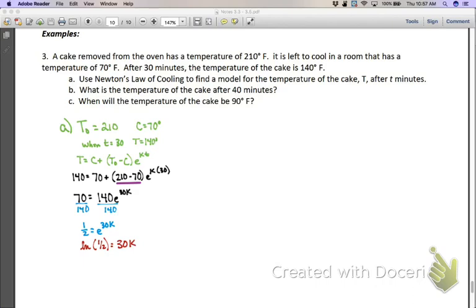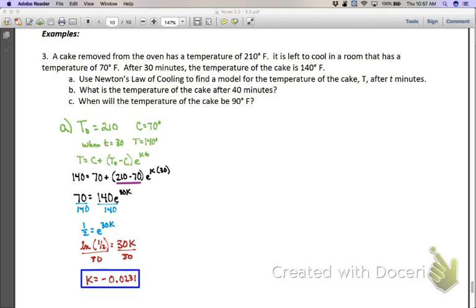So I'm going to divide the natural log of 1/2 by 30, and my K value is going to be negative 0.0231.